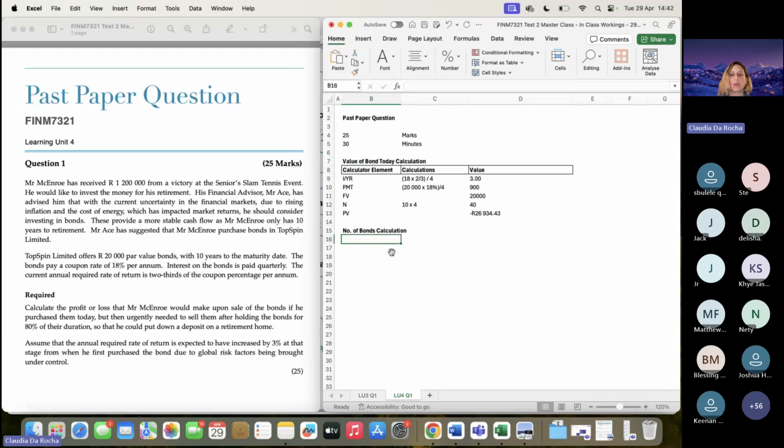Okay, so we've got the full value. How do we calculate the number of bonds? It's your investment value divided by your value of bond today. So what I mean by that?